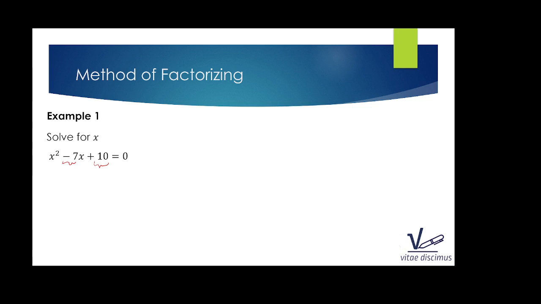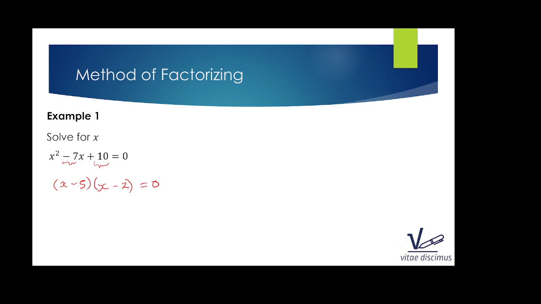Once we identify those two factors, negative 5 and negative 2, they come with x in the brackets. So it will be (x minus 5)(x minus 2) equals 0.